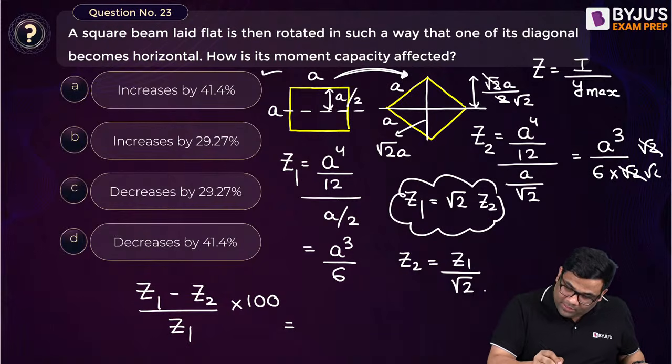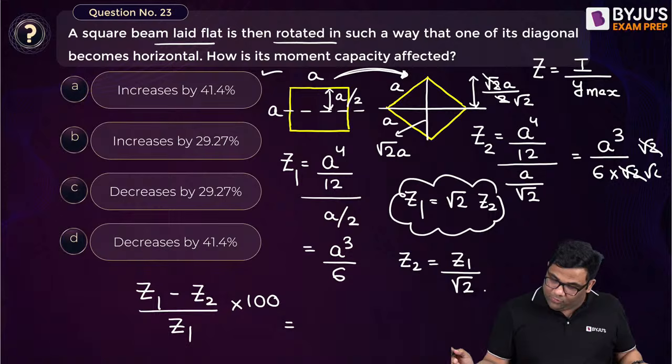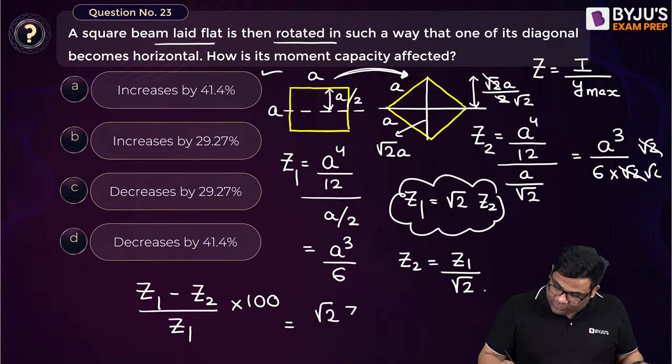First it was laid flat and then it was rotated, right? So we have gone from condition 1 to condition 2. When I'm going from 1 to 2 condition, there is a decrease, but how much decrease, that matters. So Z1 is, I can write root 2 Z2 minus Z2.